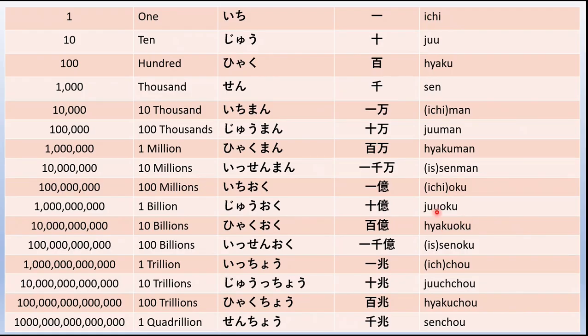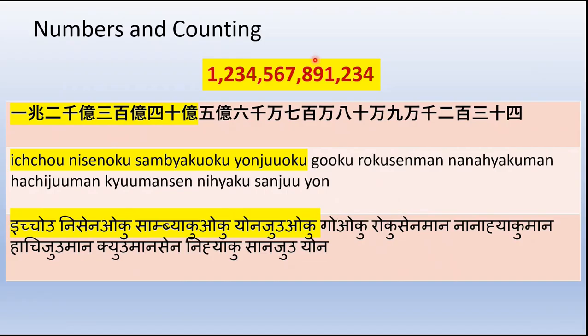After hyaku oku, we have ju oku. Here we have 4, so it will be yonju oku. I hope you are understanding this. We have to write the face value followed by the place value. Icho is the place value of 1.